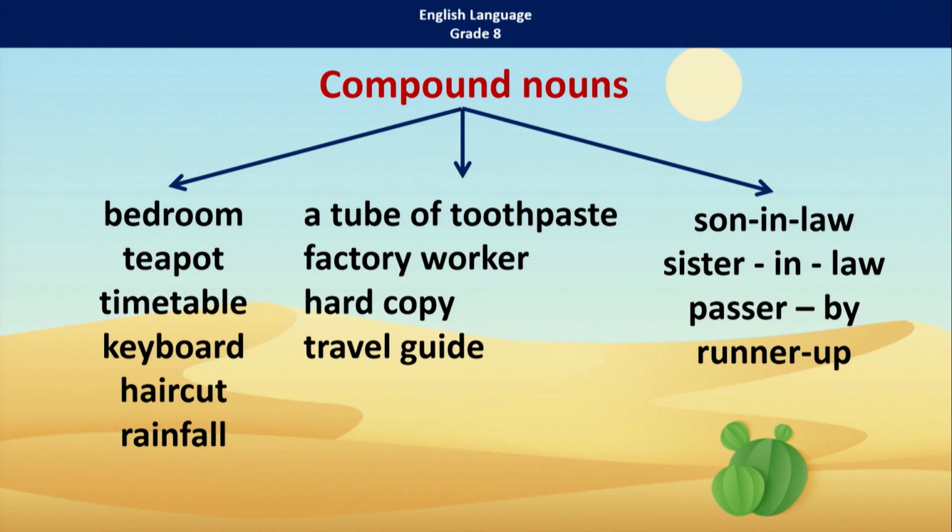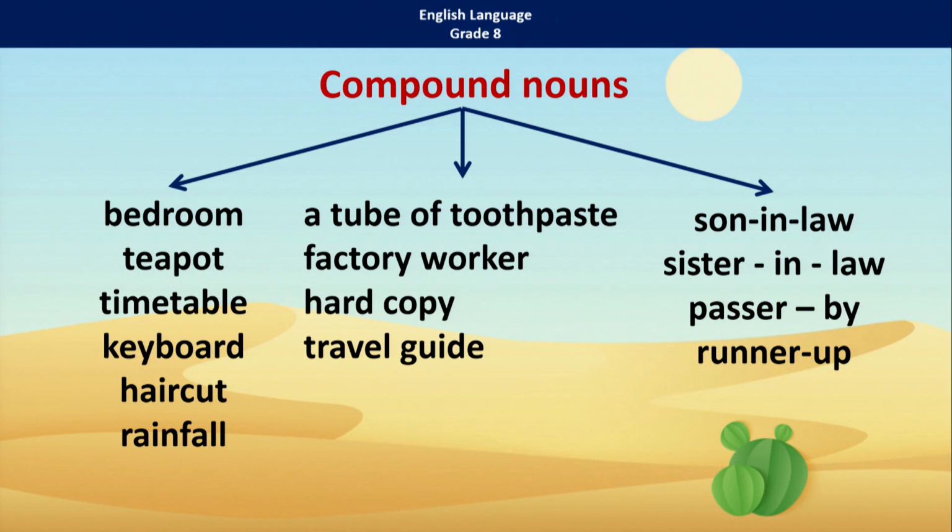Tea and pot, teapot. Time and table, timetable. Key and board, keyboard. Hair and cut, haircut. Rain and fall, rainfall. In these examples, children, there is no space between the 2 words. We have taken the 2 words together and formed the noun.